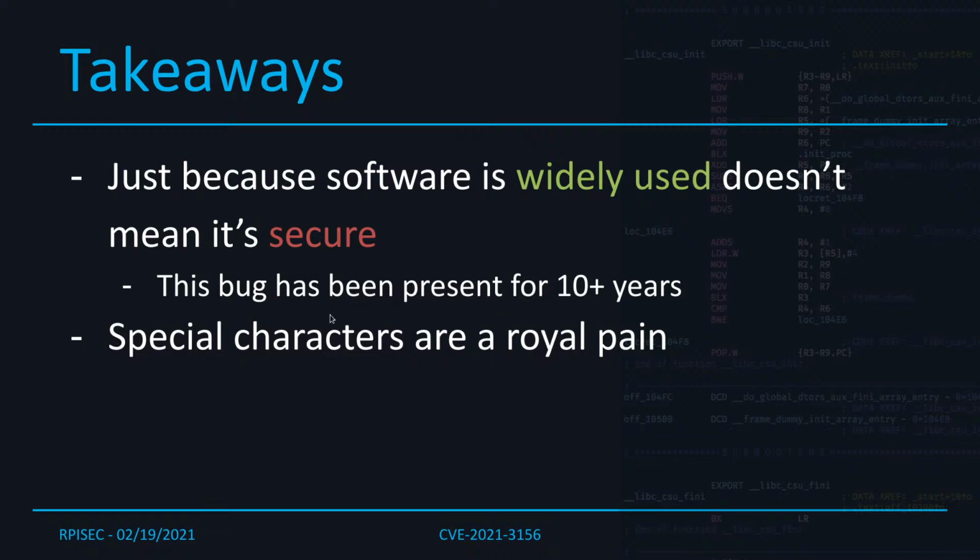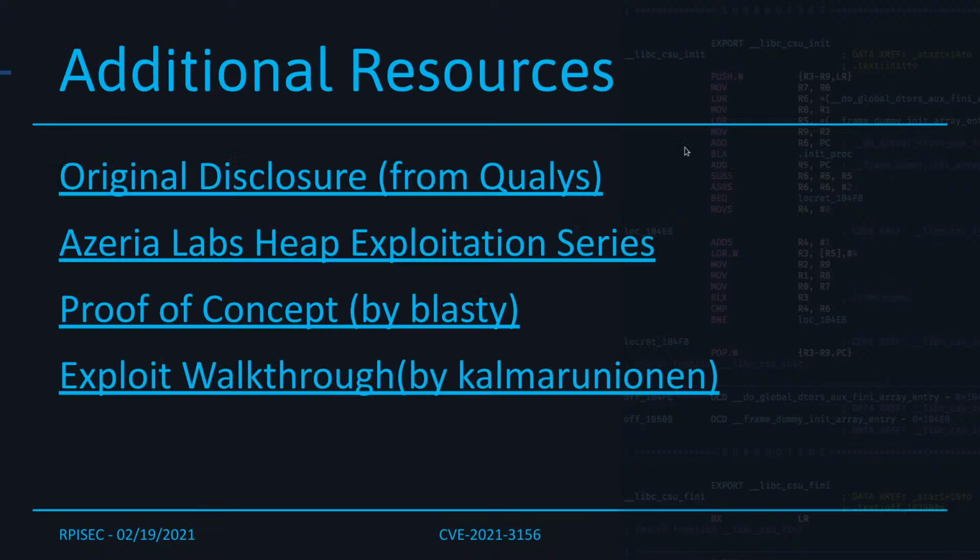Sometimes things still slip through the cracks. And then the other thing, as developers, those special characters can definitely be a royal pain, and so we have to be really careful about how we handle those so that we don't end up in situations like this going forward.